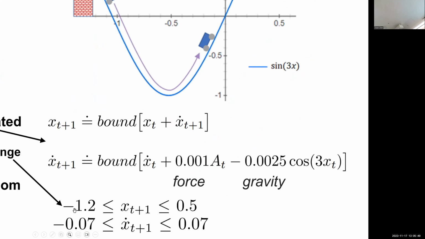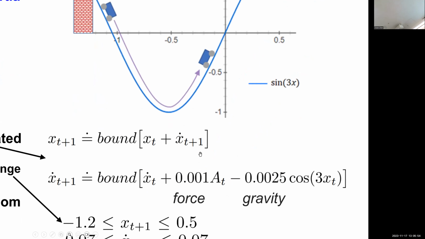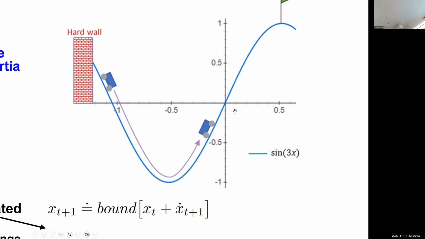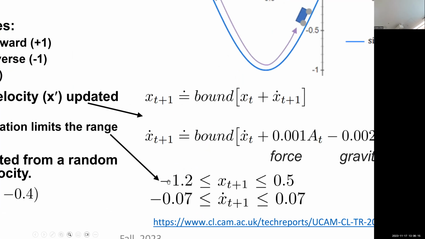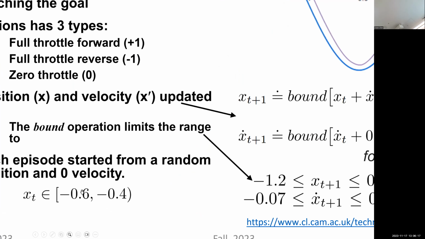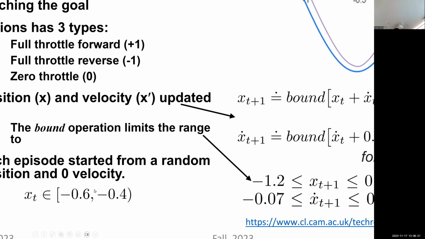We bounded the position between minus 1.2 and 0.5. If it reaches 0.5, it means it reaches the target. And the starting point will be around minus 0.5, at the bottom of this valley.